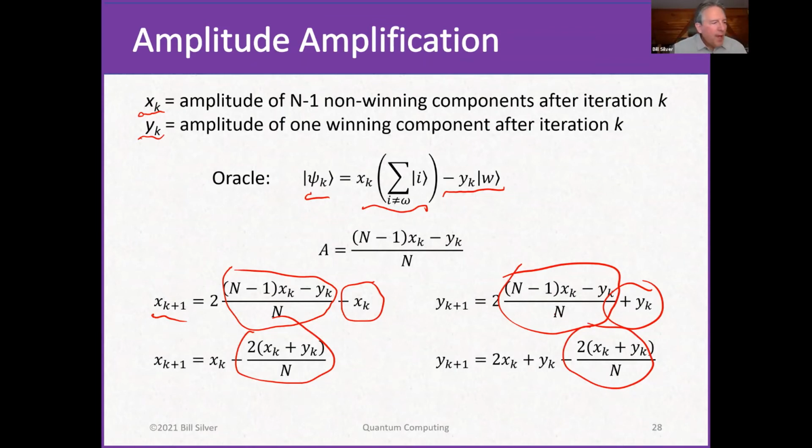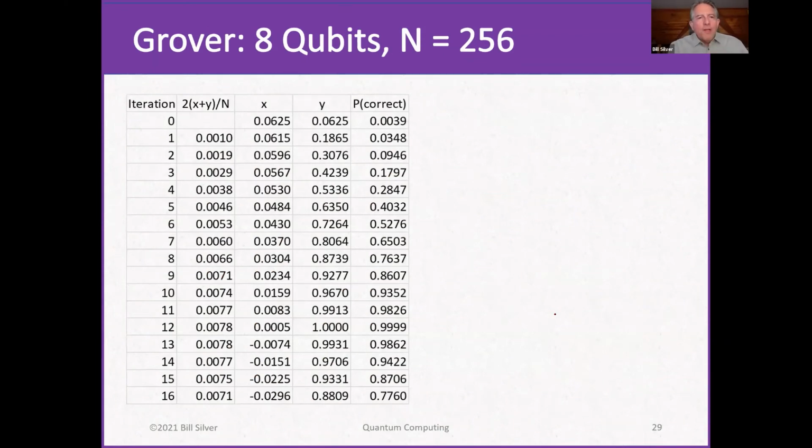Having done this simple algebra, I said, okay, let me plug these formulas into an Excel spreadsheet. This is what I actually did when I first came up with these derivations, which are pretty simple. I said, I'm going to plug this into an Excel spreadsheet and see what happens. So here it is. In this case I've got 8 qubits, so I've got 256 states, 256 components of the quantum state.